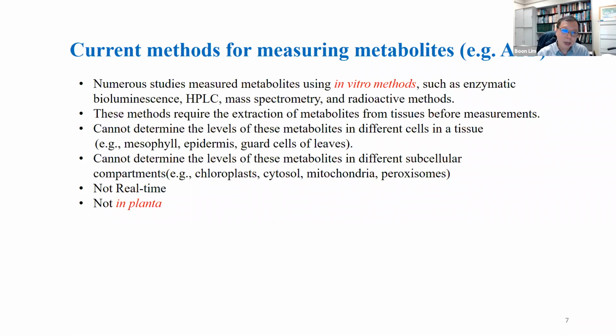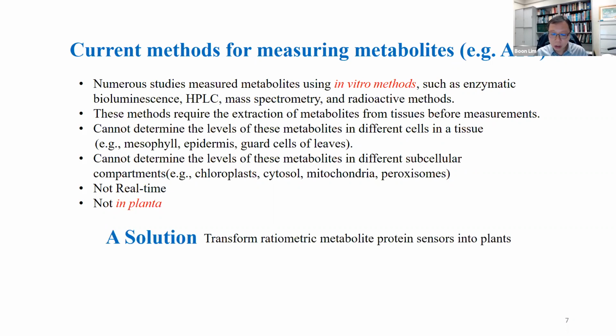So these methods cannot determine the levels of these metabolites in different cells or in different subcellular compartments. These methods are not real time because we need to do the extraction first and then carry out the measurement, and they do not allow us to carry out in planta measurement. So there were a lot of limitations for those in vitro measurements.